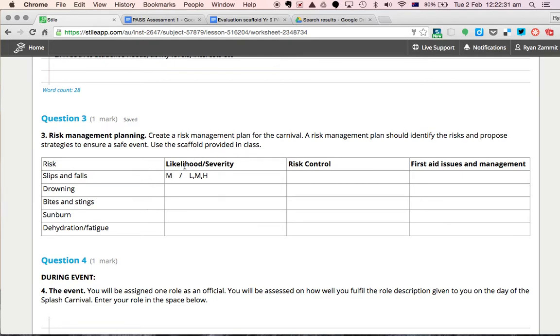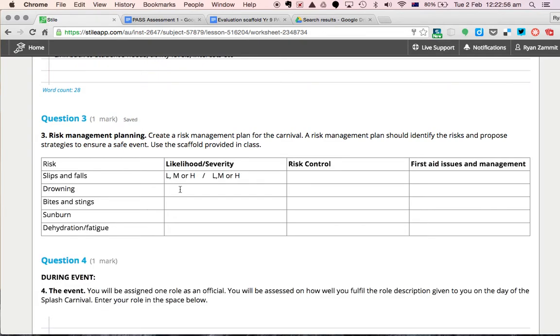We want you to think about how likely and how severe these risks could be. With the likelihood, we want you to think about low, medium, or high. What do you think it would be? We want you to assess the risk and determine what it is.